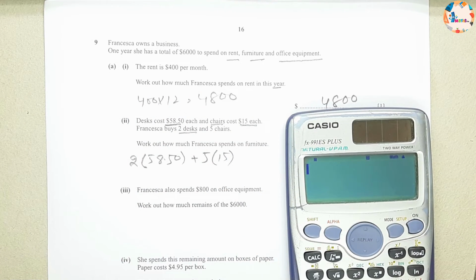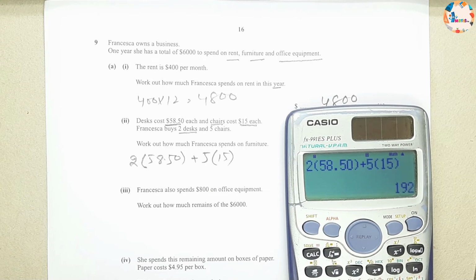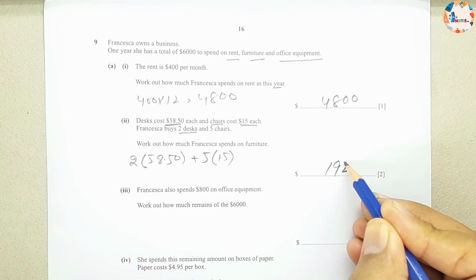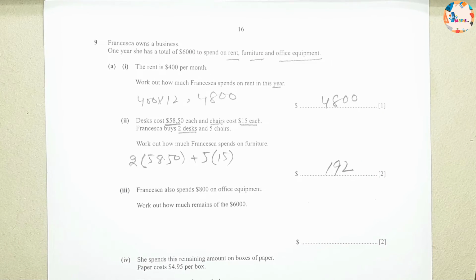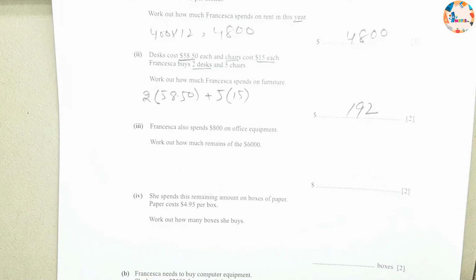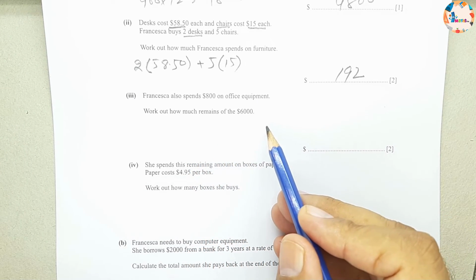And if we calculate this, 2 into 58.50 plus 5 into 15, this will be equal to 192. So we can write here $192. Francisca also spends $800 on office equipment. Work out how much remains.